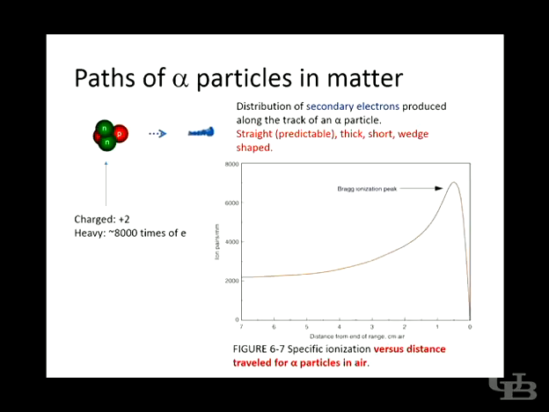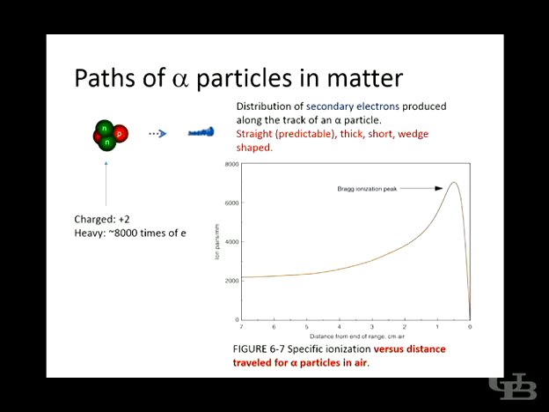This is a graph basically showing this. The vertical axis is ion pairs per millimeter, per unit distance. And the horizontal axis is the distance from the end of range, the end of its trajectory.